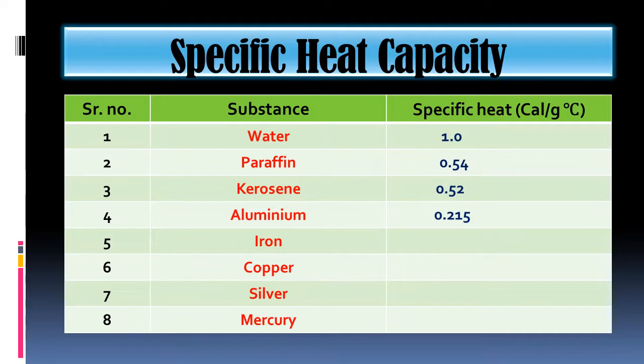For aluminium it is 0.215, for iron it is 0.110, copper 0.095, silver 0.056, and for mercury it is 0.033 calorie per gram degree Celsius. So for mercury it is the least, and for water the specific heat is high.